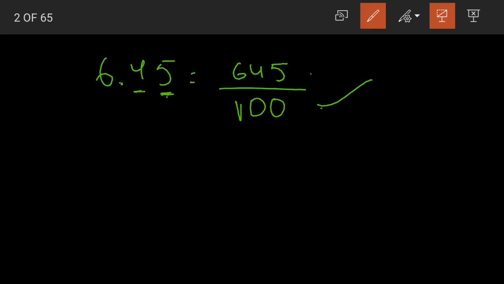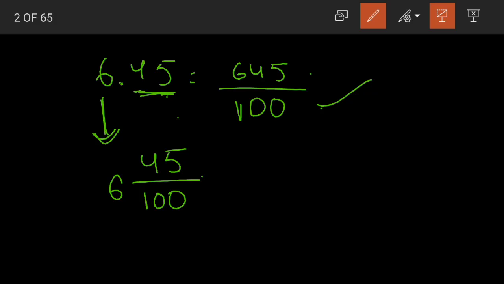And another way to write this is the whole number part, that is 6, will be written as it is, and then write the decimal part as the numerator, divided by, again what will be the denominator? After 1 we have to place 2 zeros. Why? Because in the decimal given we are having 2 decimal places.